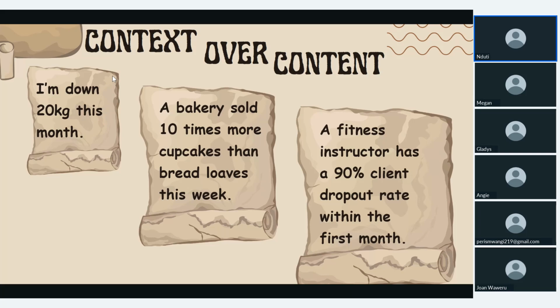Another one. Bakery sold 10 times more cupcakes than bread this week. What are we thinking, guys? What's coming to our mind? The second statement is that a bakery sold 10 times more cupcakes than loaves of bread in a particular week.